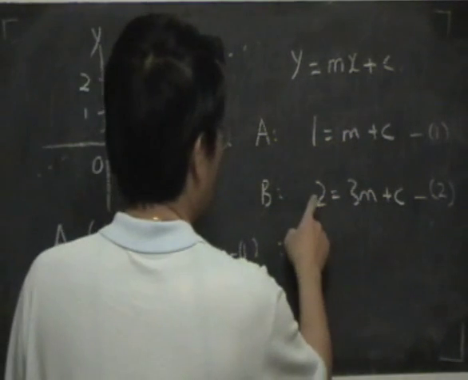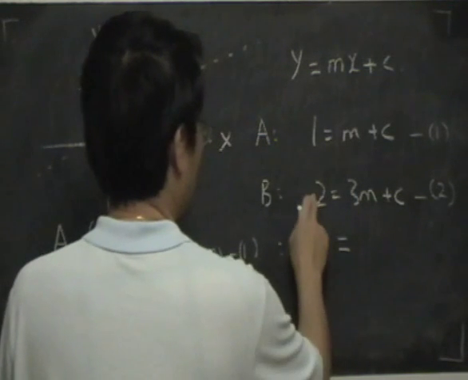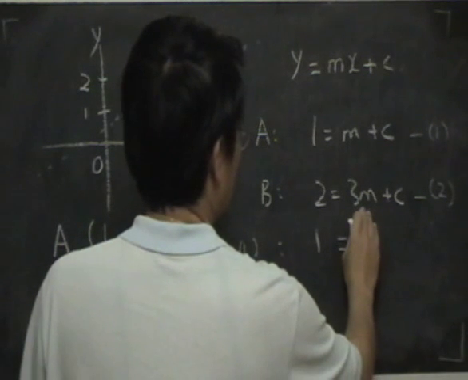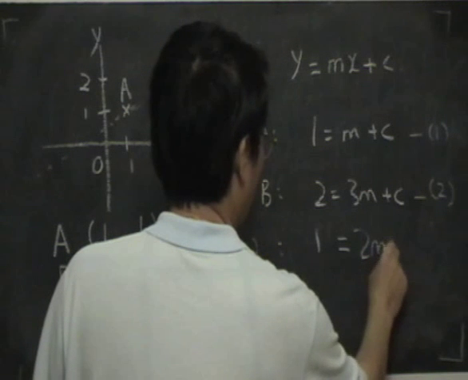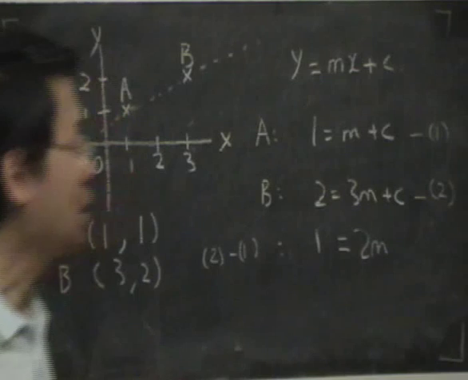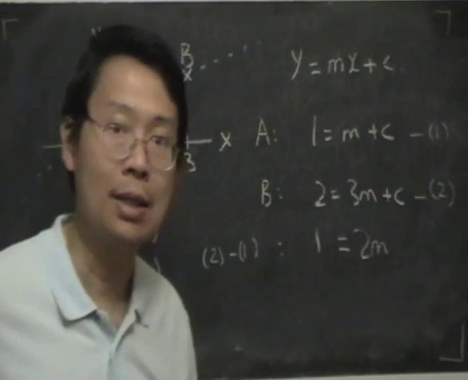Let me write the equal sign there. On the left side I do 2 minus 1, I get 1. On the right side I do 3m minus m, which is 2m, and c minus c, which is 0. So that's all I get. Now 1 equals 2m is what we get.